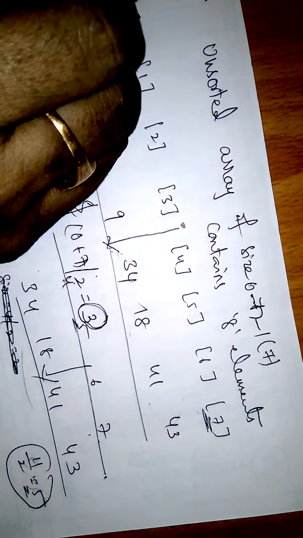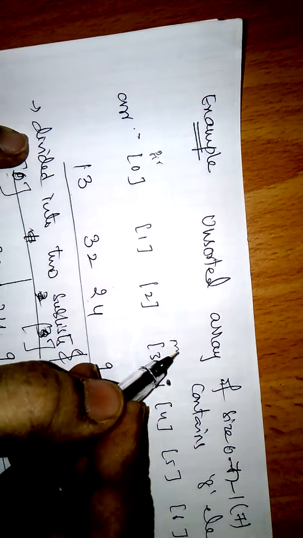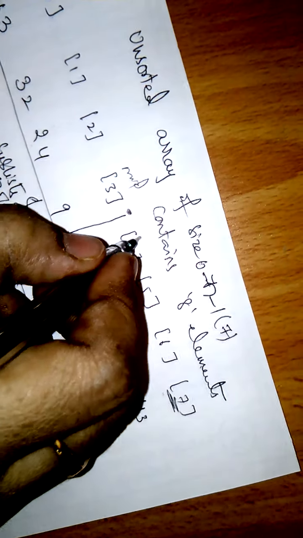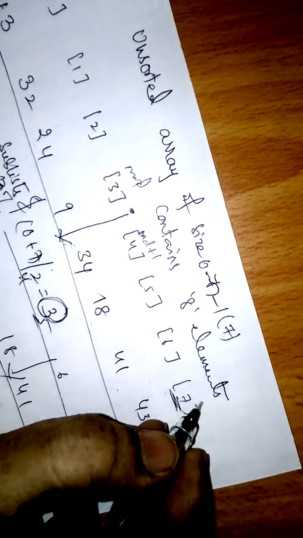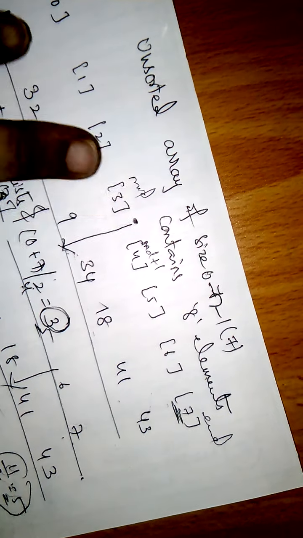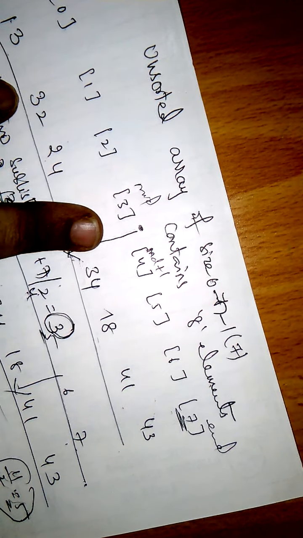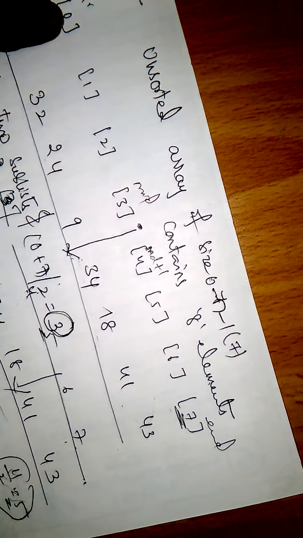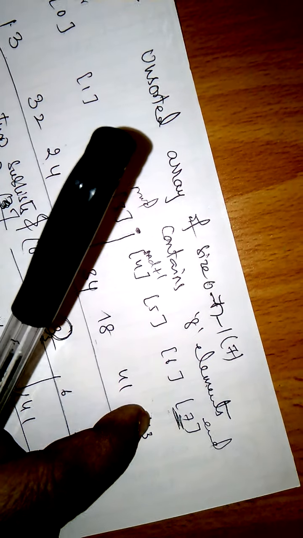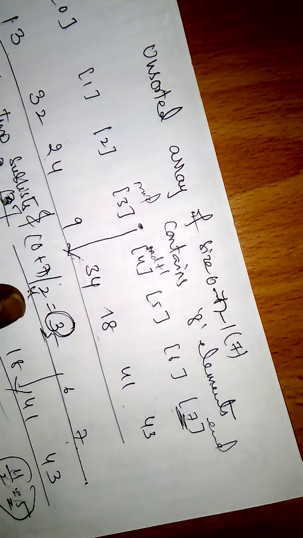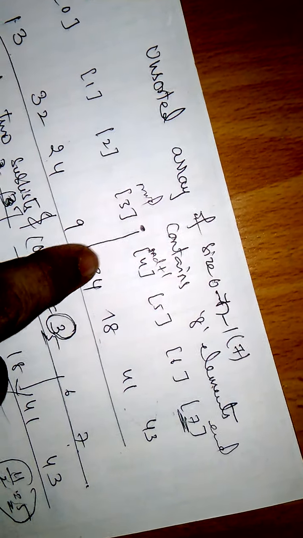If this is the 0th position, the first list goes from 0 to mid. Again, mid plus 1 to end. So when dividing into two sublists, we need three variables: first, mid and end. The second sublist starts from mid plus 1.